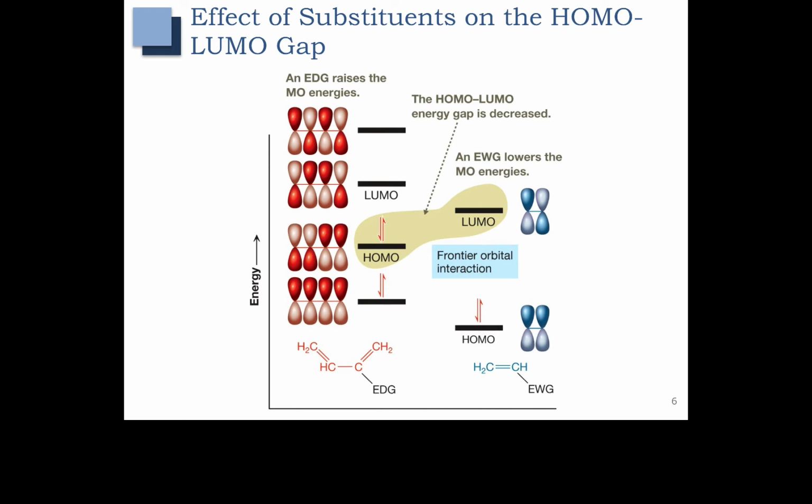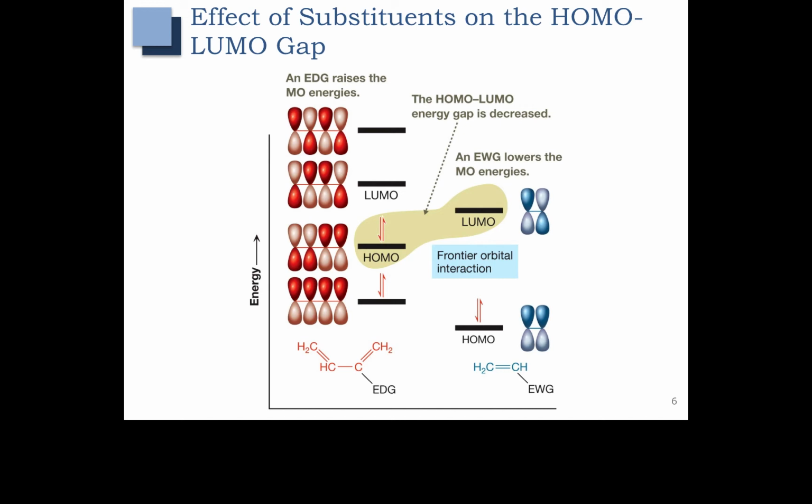What we end up doing is we put an electron donating group on our diene and an electron withdrawing group on our dienophile. And when we do that, that's going to make this HOMO-LUMO gap smaller. And when the HOMO-LUMO gap is smaller, the reaction is going to proceed faster.